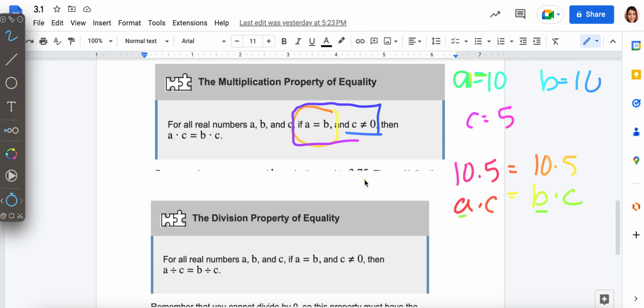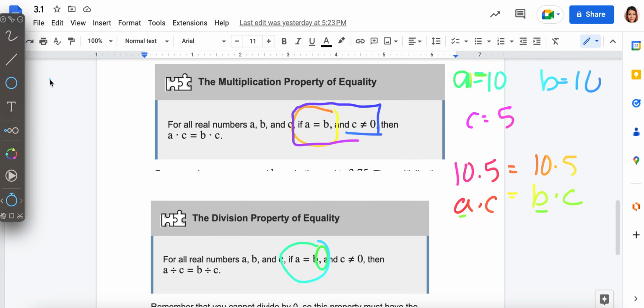The division property states the same thing. If A equals B, so A has to equal B, and C again is not 0. The reason C can't be 0 is because anything times 0 is 0, and here we can't divide by 0.